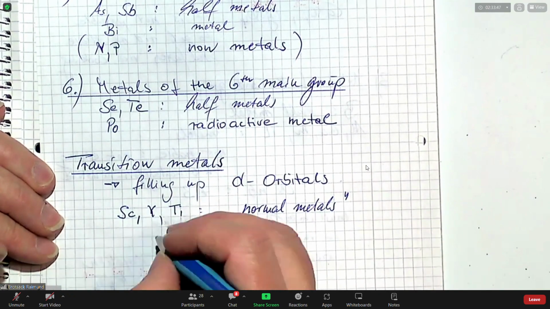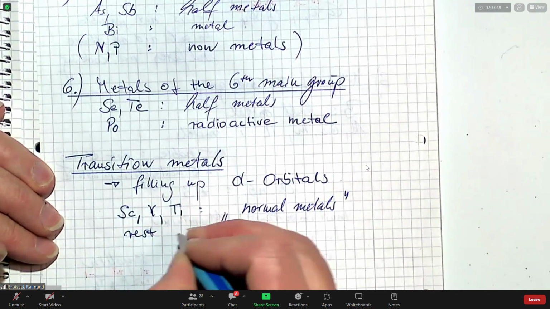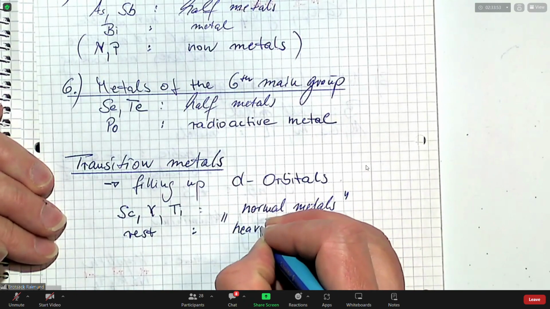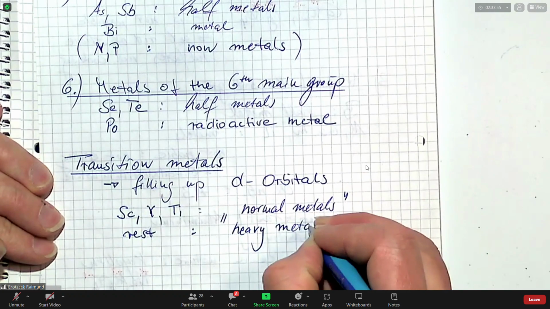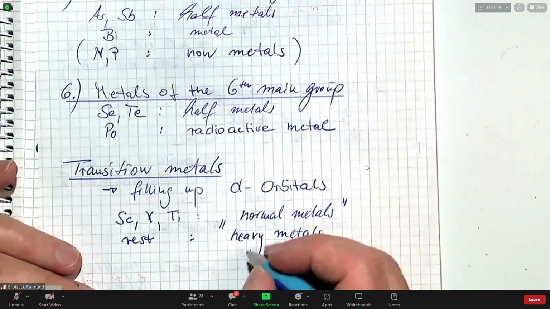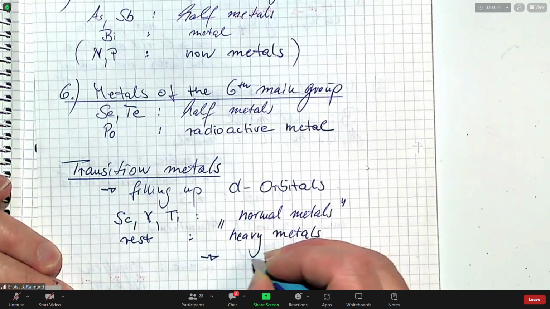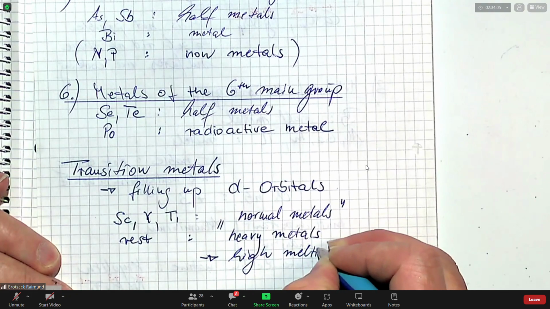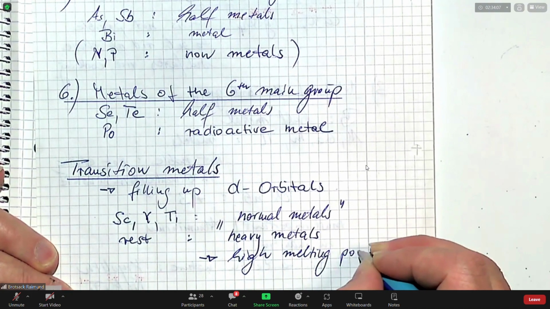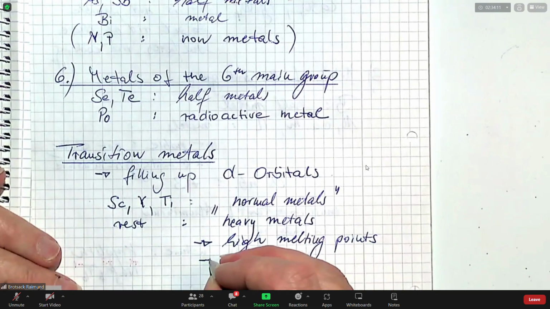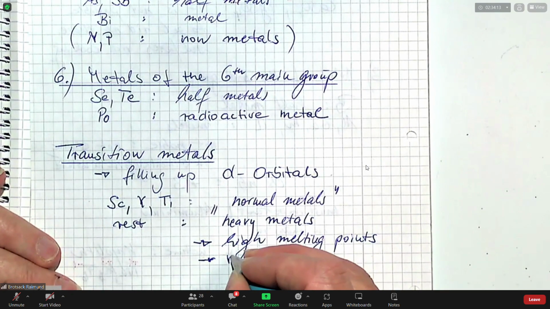All others, the rest in this transition area, are heavy metals. They have high melting points and very high boiling points.